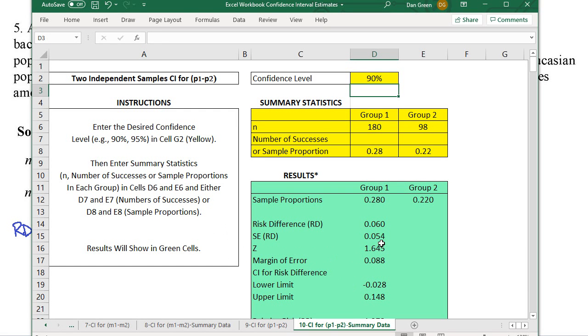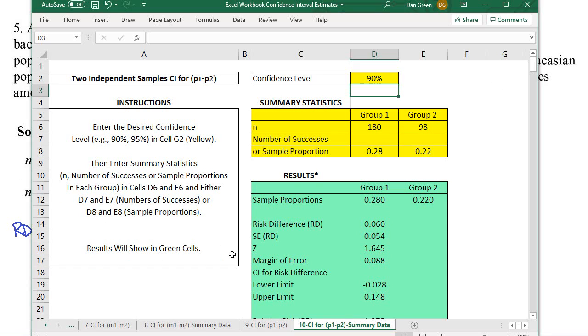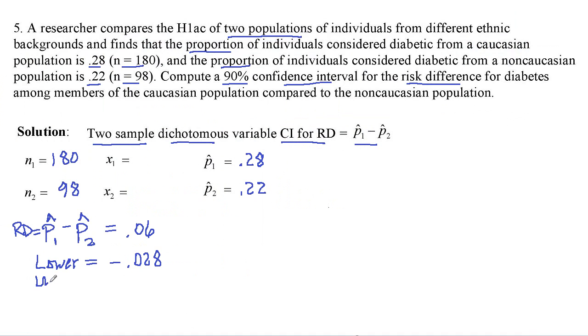And the standard error is the standard error of the sampling distribution for the difference in proportions. Then the z-score goes along with computing the margin of error, the half width of the confidence interval. Now we got our lower limit, negative 0.028, and our upper limit is 0.148.